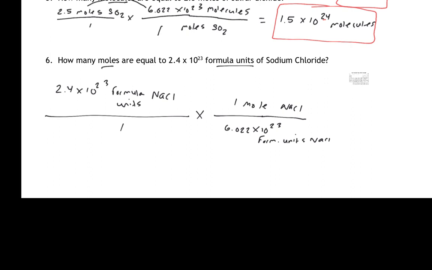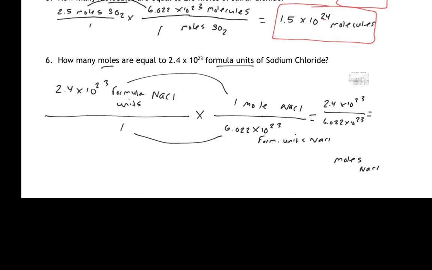So we're going to multiply 2.4 times 10 to the 23rd times 1 times 6.022 times 10 to the 23rd. So it's 2.4 times 10 to the 23rd divided by 6.022 times 10 to the 23rd. And then our only unit is the mole, so our answer down here will be moles of sodium chloride. So let's see what we get here.